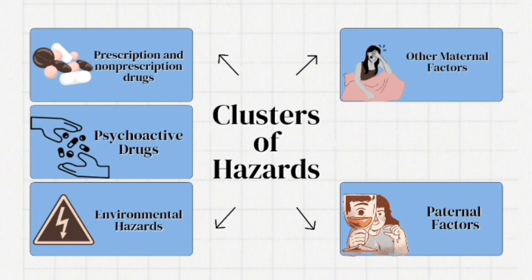Fifth, or the last cluster of hazards to prenatal development, is the paternal factors. The exposure to lead, radiation, and other toxins can affect sperm and lead to miscarriage or childhood cancers. Older fathers also have increased risk for certain defects in their offspring.